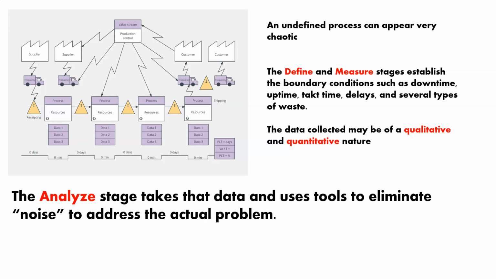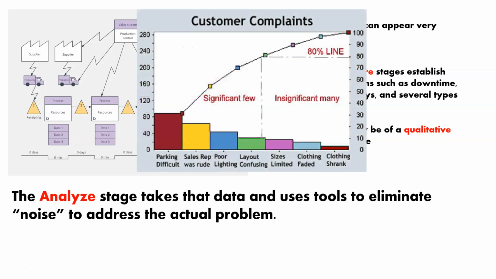A really good example of a tool that does this is the Pareto diagram. In a Pareto analysis, you're looking at the significant few versus the insignificant many. This is where we get the concept of the 80-20 rule, or the 80-20 principle. One of the beauties of this type of diagram is that it's easy to understand.